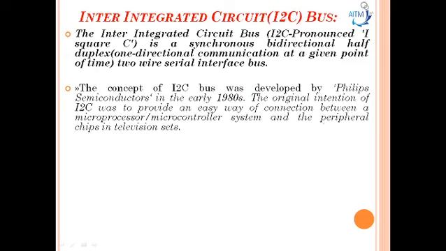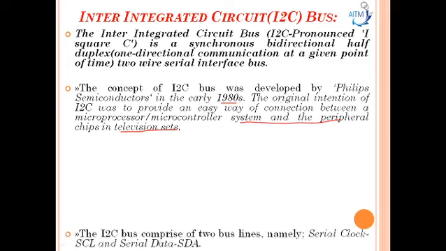The concept of the I2C bus was developed by Philips Semiconductors in the early 1980s, and the original intention of I2C was to produce an easy way of connection between a microprocessor or microcontroller system and the peripheral chips in television sets.